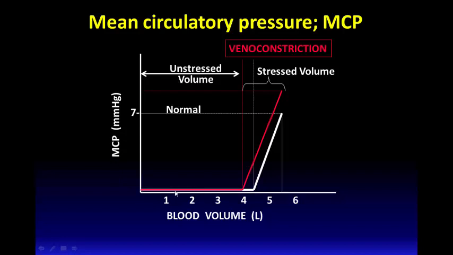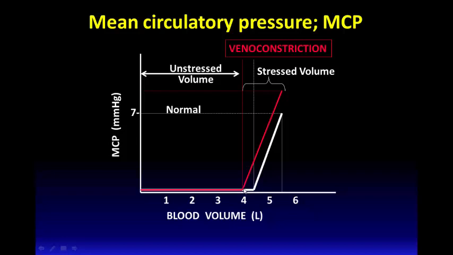In a normal subject, the total blood volume is approximately 5.5 liters, and the unstressed volume is 4.5 liters. When the veins undergo venoconstriction, the venous capacity decreases, hence the unstressed volume also decreases. Now with venoconstriction, the unstressed volume is 4 liters.